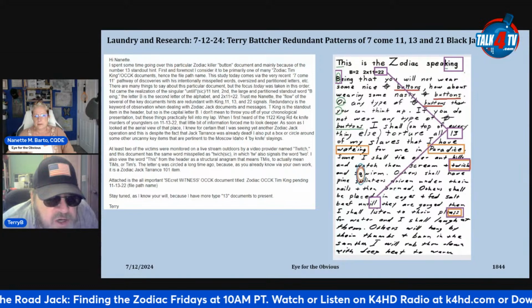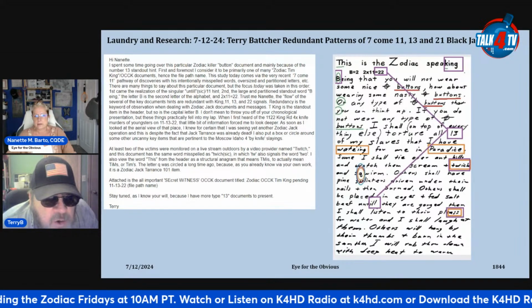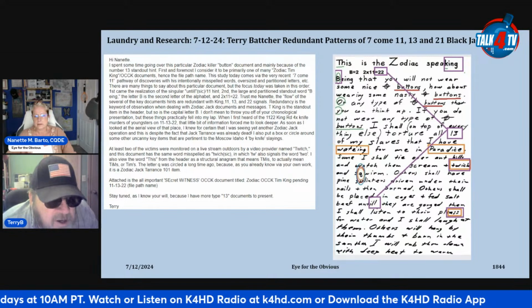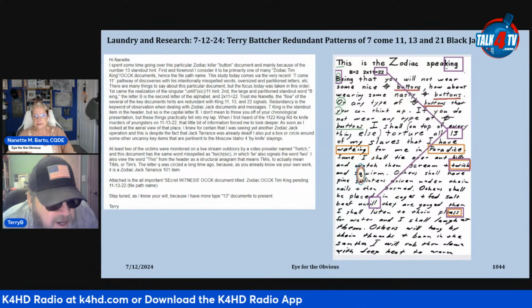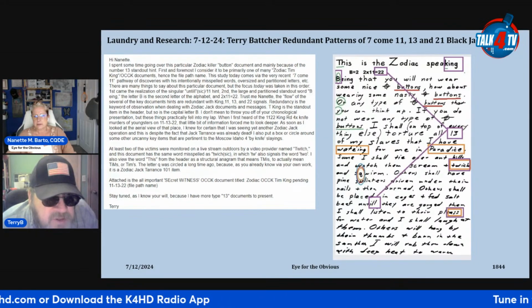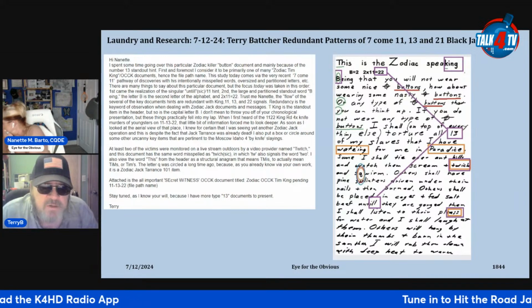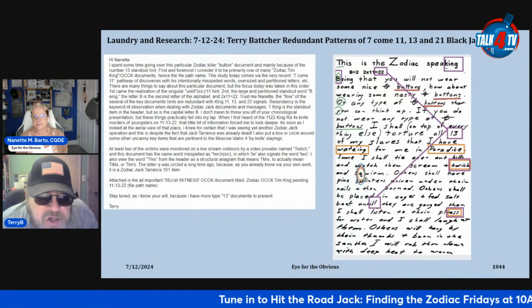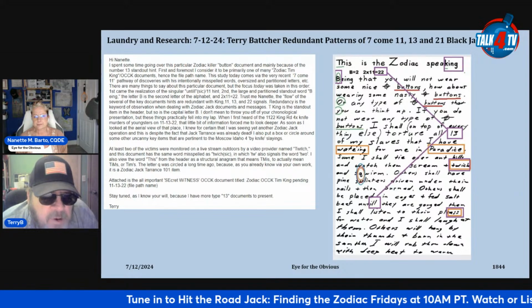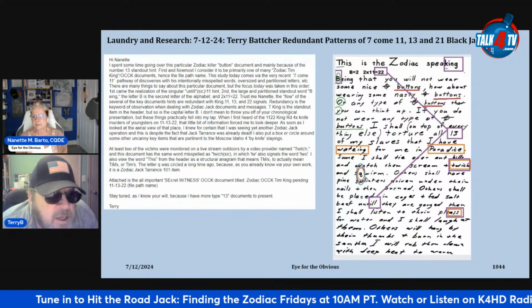First came the realization of the singular L at the bottom there, the one I was talking about with the extra L in it, an 11 hint. I take an 11 hint from that because it's got the second L, and it's lonesome, all by itself. Second, the large and partitioned standout word B in the upper left-hand corner. Let's see here.